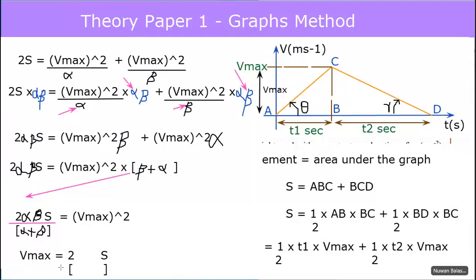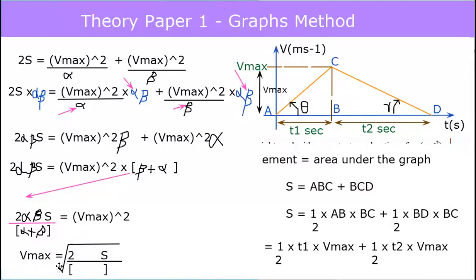Am I right, dear? You have this term inside the square root. That's what they have asked you to prove. Is this correct? Yes, sir. Right. Very good.